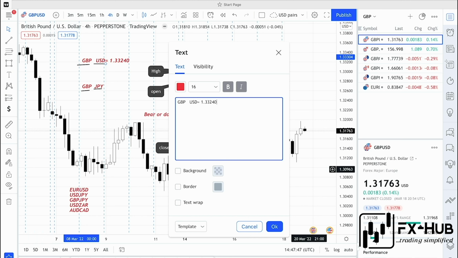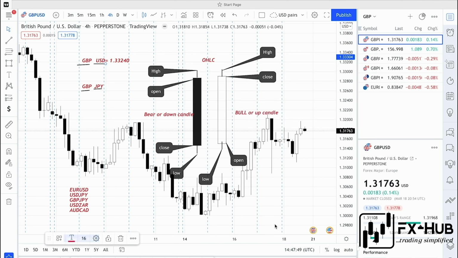Let me just go with that. So as at around this time, it means GBP USD, for you to get 1 Great British Pound, you need to have $1.33240.